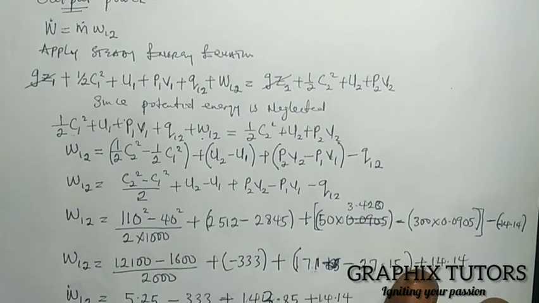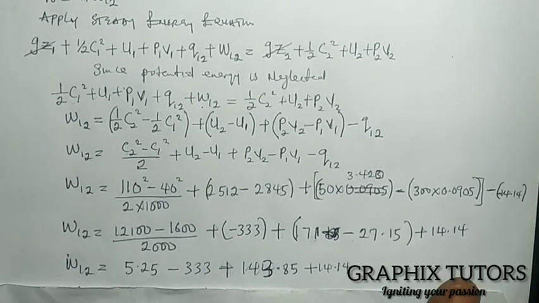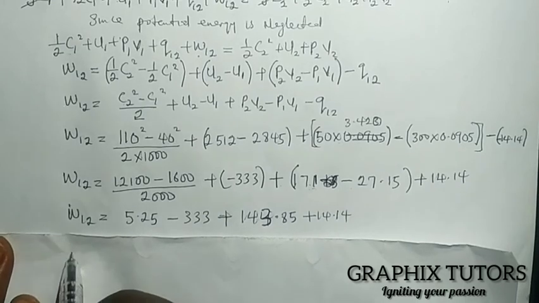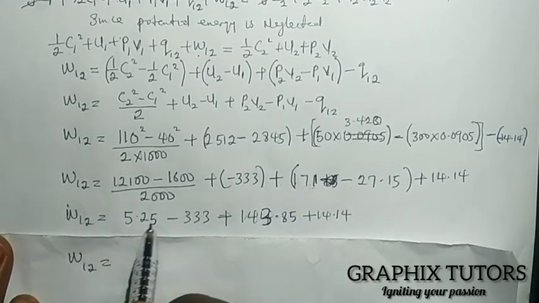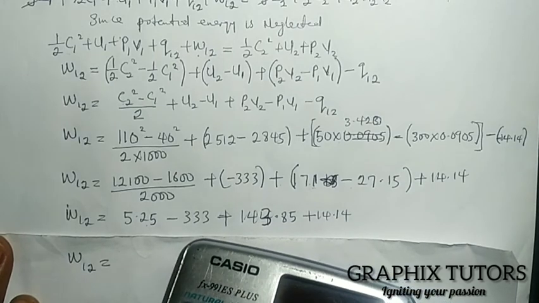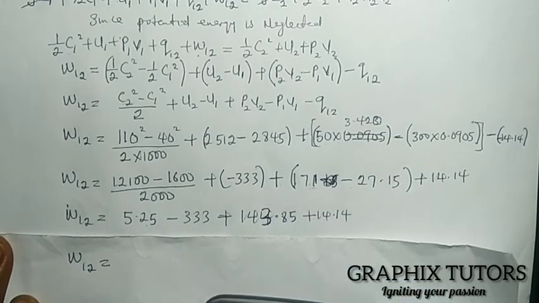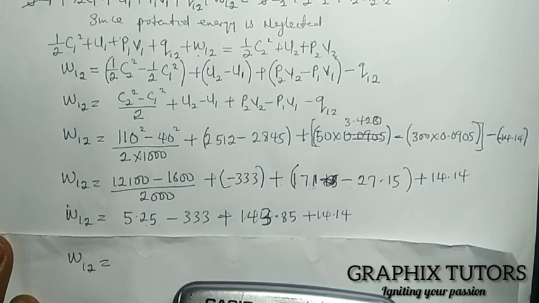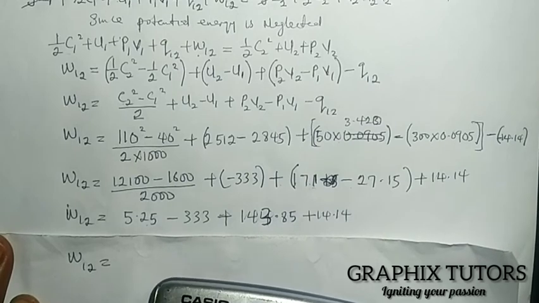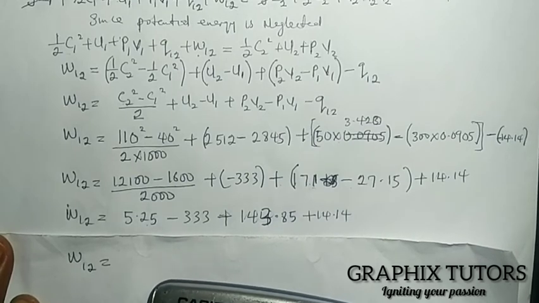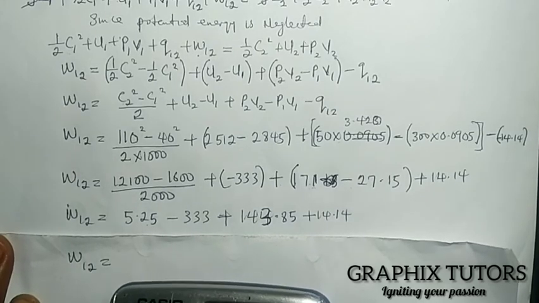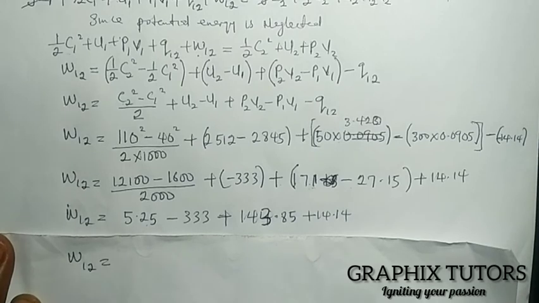If we add them, we're going to be having this. Right? So let's see that. W12 will give me 5.25 minus 333 plus 143.85 plus 14.14, and that will give us 169.76.